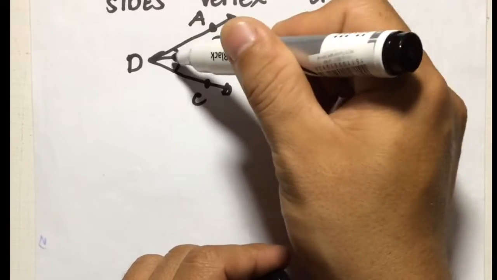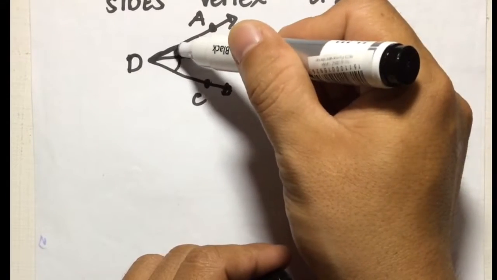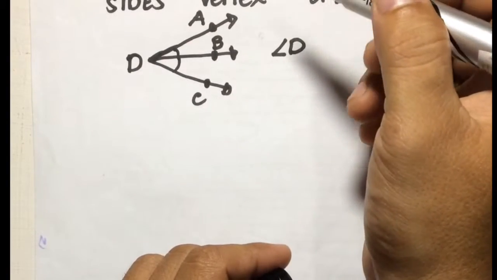So where's angle D here? In this case, we're going to name this angle using three letters.